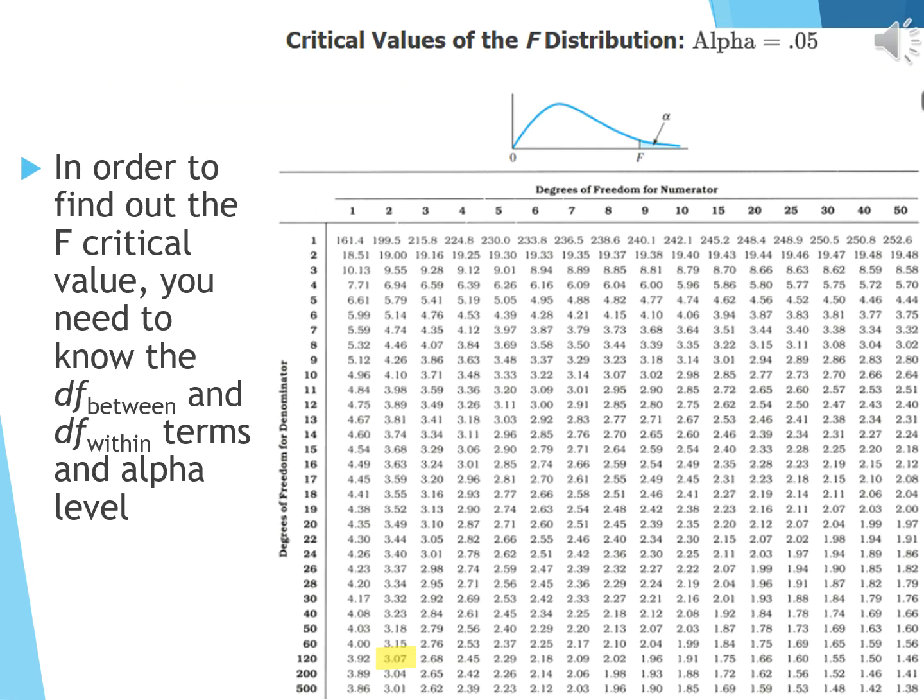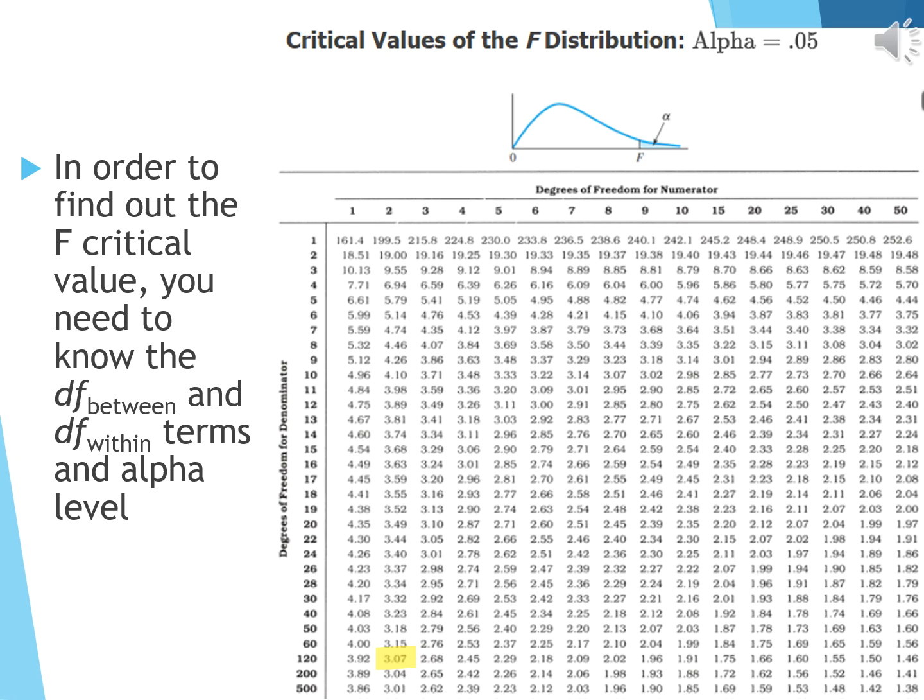But in order to know if the F statistic was significant, we have to compare it to a critical value of F. And you look that up in a table, right? So the appendix of your book also has critical values for the F distribution when alpha is equal to 0.05. But you need to know both the degrees of freedom between and the degrees of freedom within terms to figure out what's the critical value of F. You'll see on the table that across the top, it's the degrees of freedom for numerator, which is the same thing as saying degrees of freedom between.